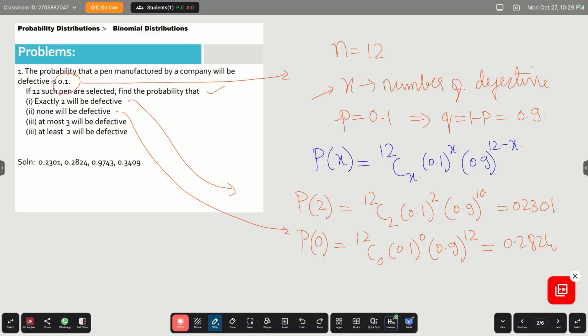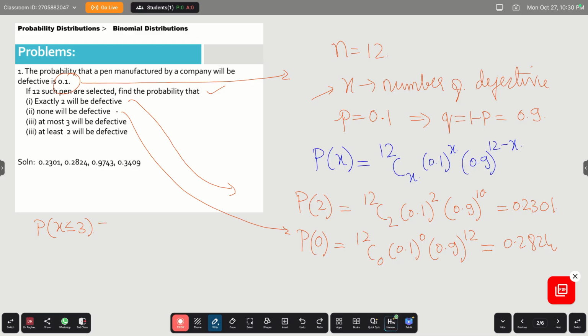Okay. And now the question is, at most 3 will be defective. What does it mean? At most 3. That means there cannot be more than 3 defective pens. Maximum 3 defective pens will be there. So it is the probability of x less than or equal to 3. The defective pens should be either 3 or lesser than that. It cannot be more than 3.